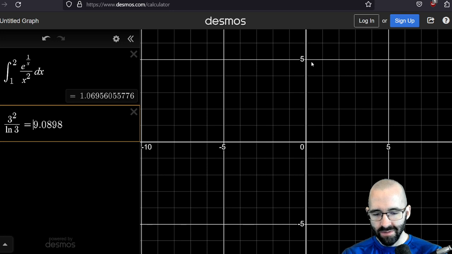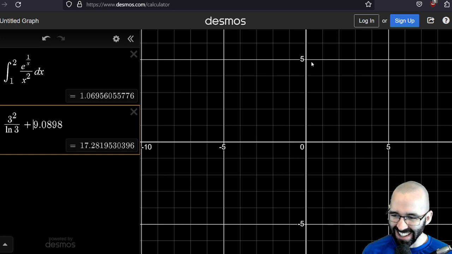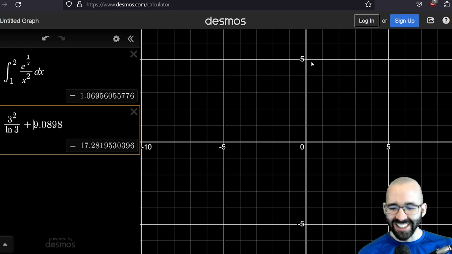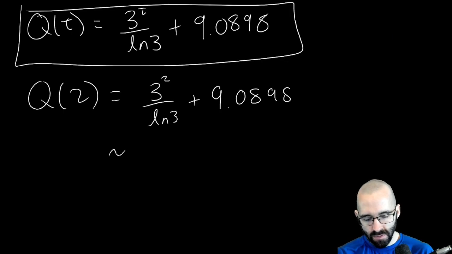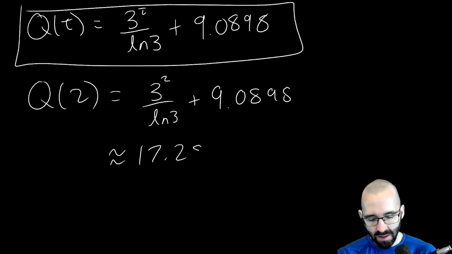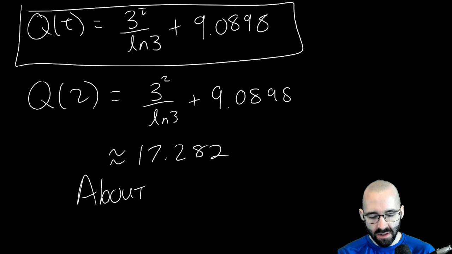That should be subtraction. And that should be a plus. No negative bacteria here. 17.282. Or about 17,282 bacteria.